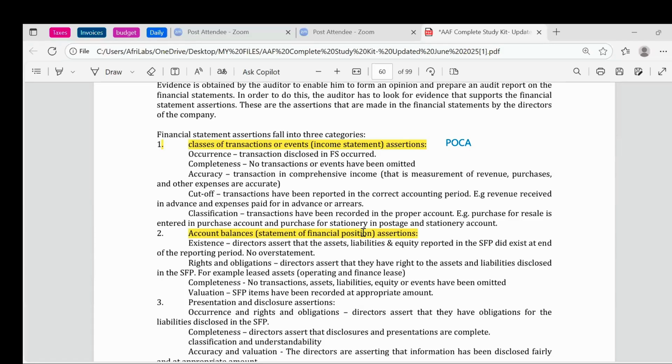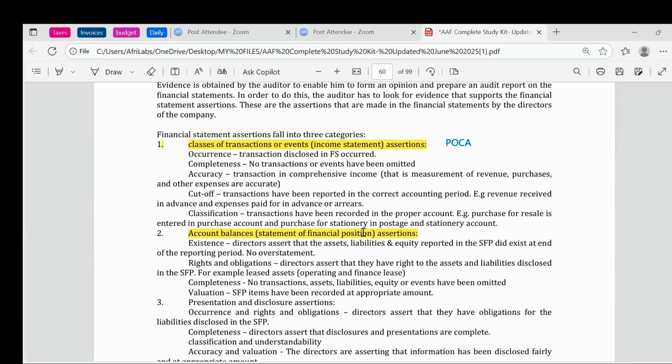Confirm that if there was any change, it was duly approved by the board and it was not done out of the desire to please management in the short run. That is what you are checking for under valuation.